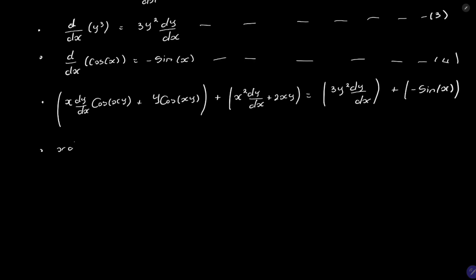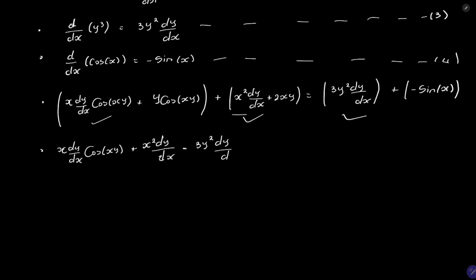Our first term is x dy/dx cos xy. This term contains dy/dx, so we'll leave it on this side. x squared dy/dx, so we're done with this term. This term also contains dy/dx, moving it to the opposite side turns it to a minus 3y squared dy/dx.